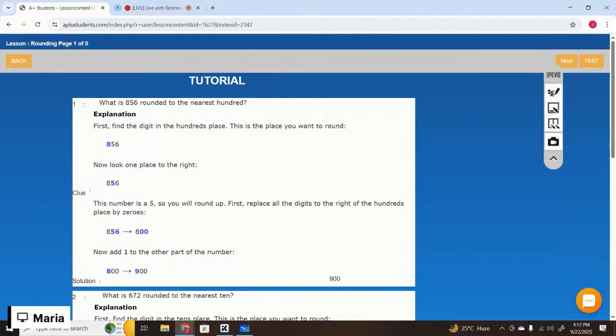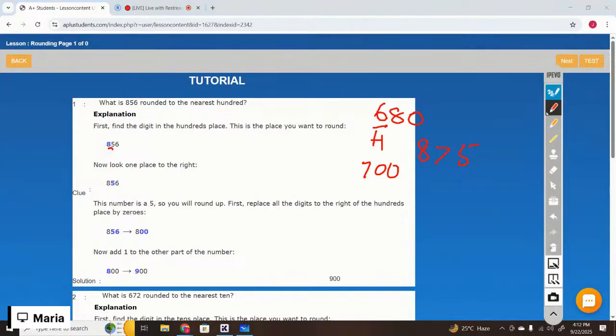That is exactly the same lesson we just did. 8 is the digit that is at the hundreds position, right? Right next to it we have 5. 5 is equal to 5. So you need to round up. It would be rounded to 900. Let's start with the test questions.